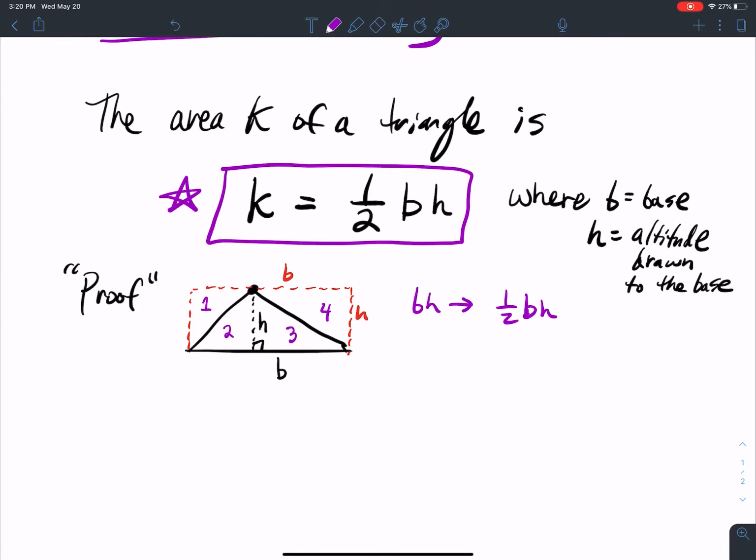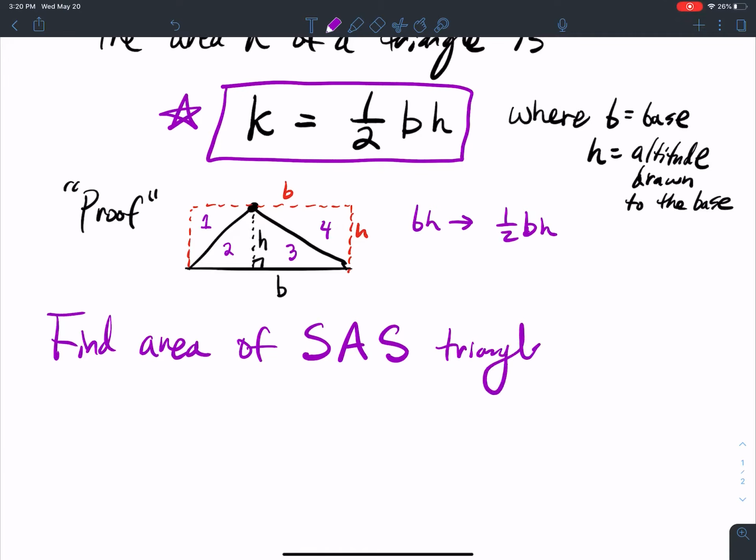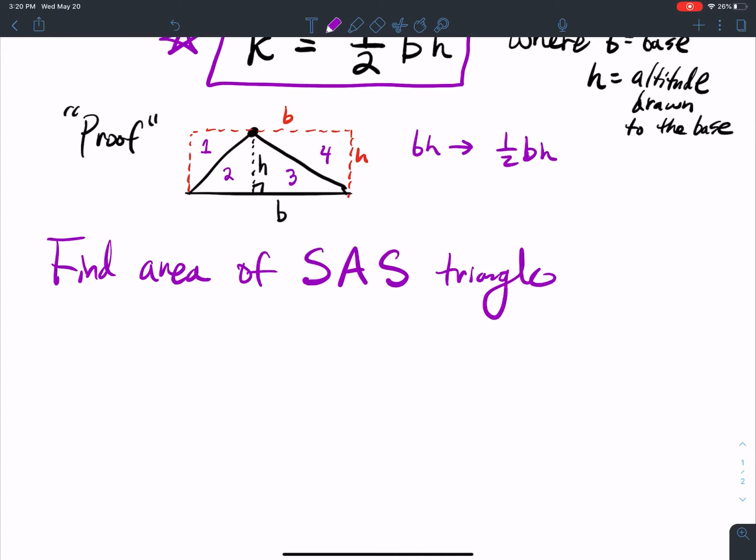Now, find the area of a triangle, a little more interesting, of a SAS triangle, side angle side triangle. Say I know some angle C, and I know that this side is B and this side is A here.